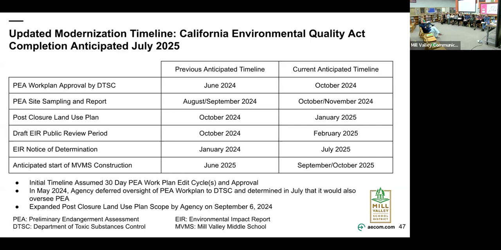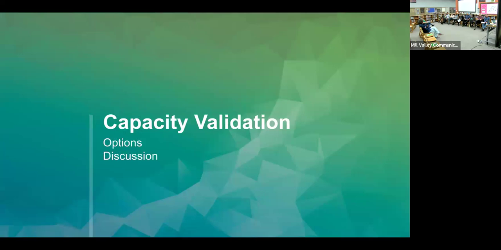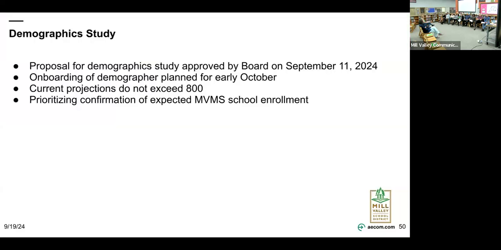Next slide, please, Sid. So one of the things the district asked us to look at because of the potential delays and the escalation costs associated with those, as well as the capacity of the school size and the current projected demographic numbers was what would a reduced scope of work look like for the site?